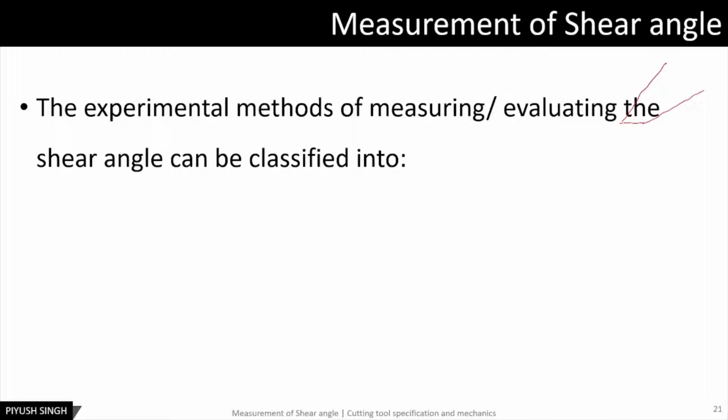So we just saw the machining operation using a wedge tool. Say this is the tool, this is the chip, and then there is a plane along which the shearing takes place.